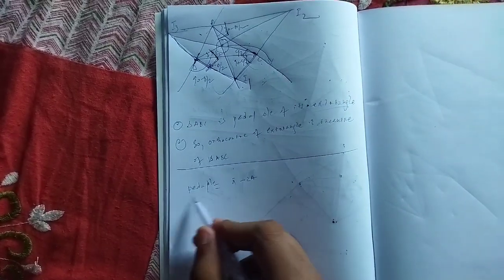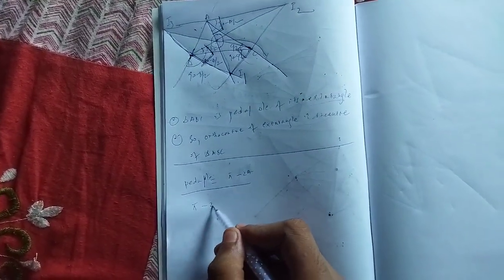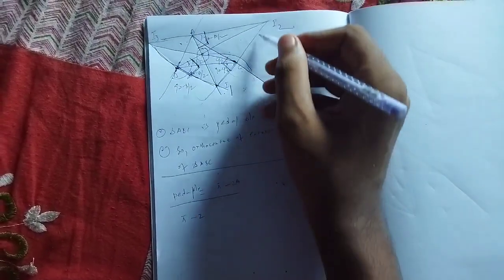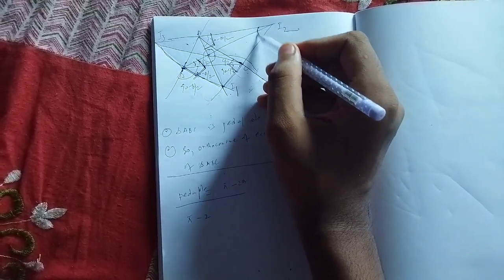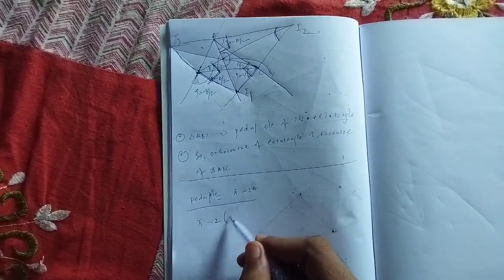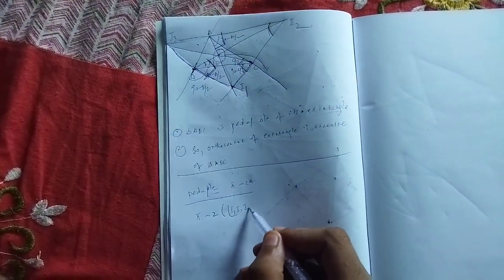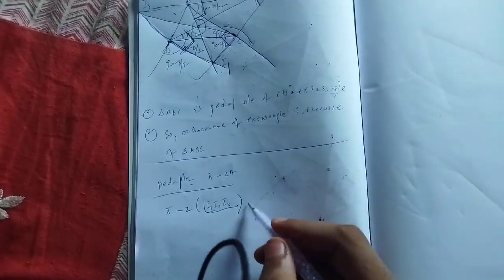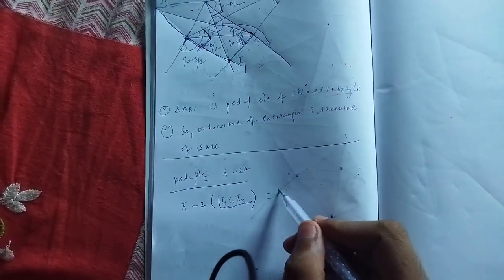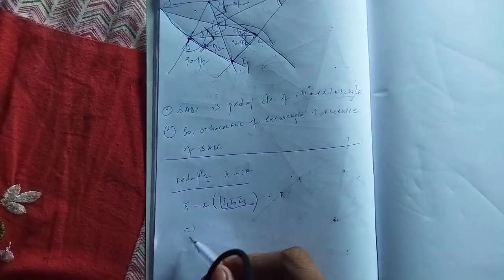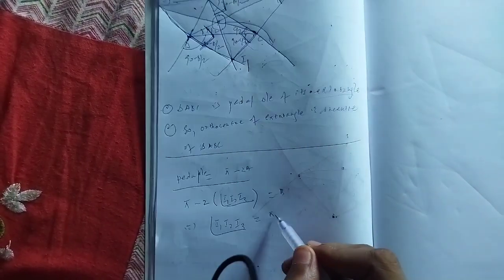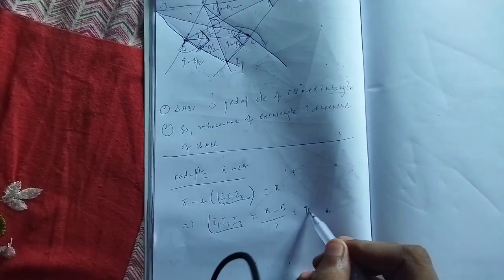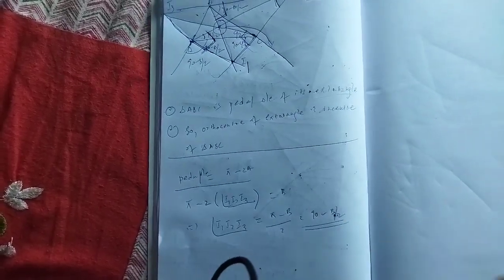So pi minus 2 of this angle: 2 into angle I1, I2, I3 is equal to pi minus B, so angle I1, I2, I3 is pi by 2 minus B by 2, that is 90 minus B by 2.